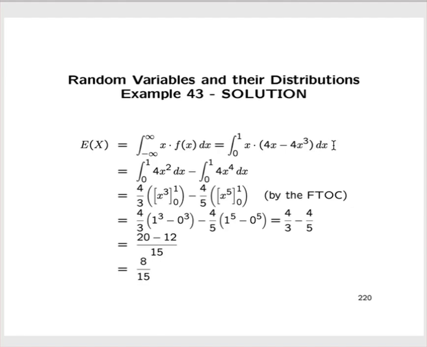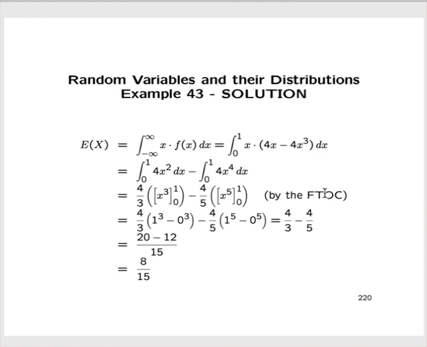So using properties of integrals, we will decompose this integral into a difference between two integrals. So we first distribute the x across this expression inside the parentheses, and then use properties of integrals which allow us to rewrite an integral of a difference as the difference of the integrals.